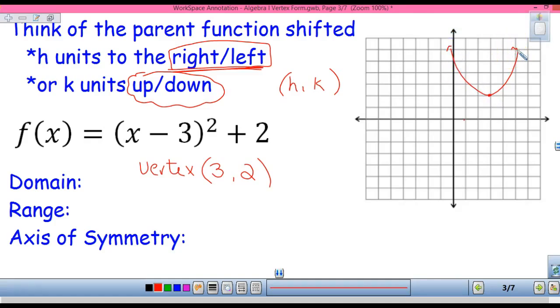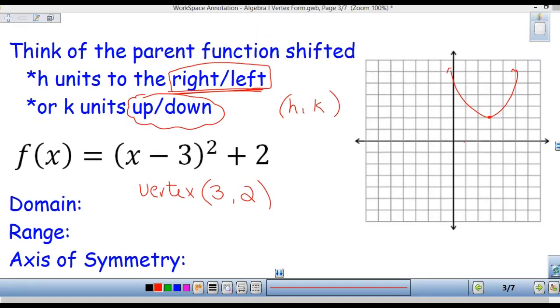We will later. Okay, but that's going to tell us what it does. Okay, if my h was negative, it would move it to the left. If my k was negative, it would move it down. Yep, good.